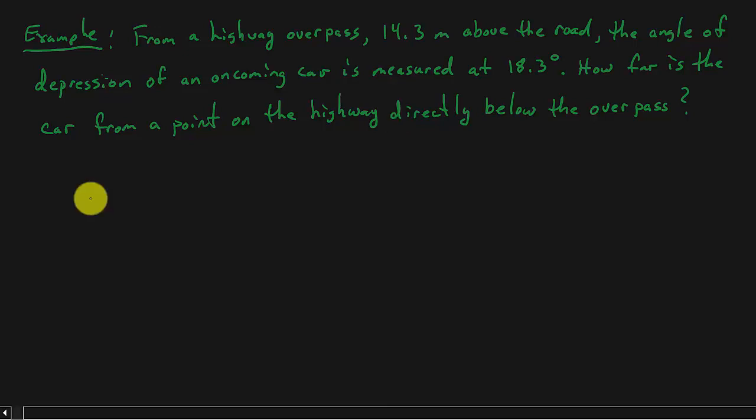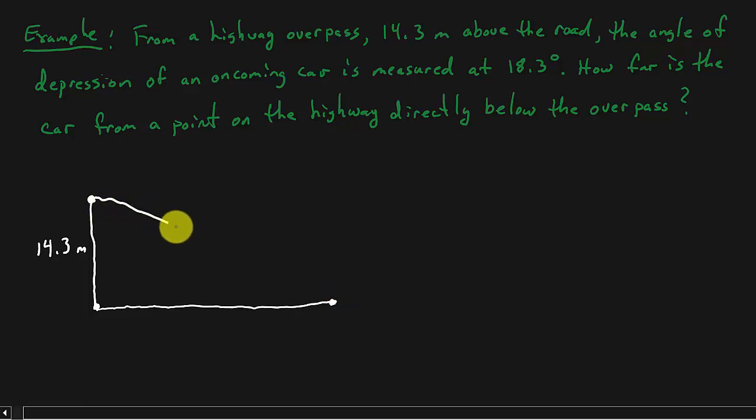All right, so let's suppose you're standing up here on an overpass, and that overpass is 14.3 meters above the ground. All right, and then there's a car coming. There's a car down here that's coming, and you're looking at the car.